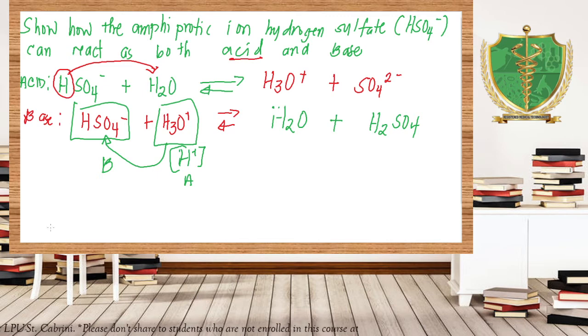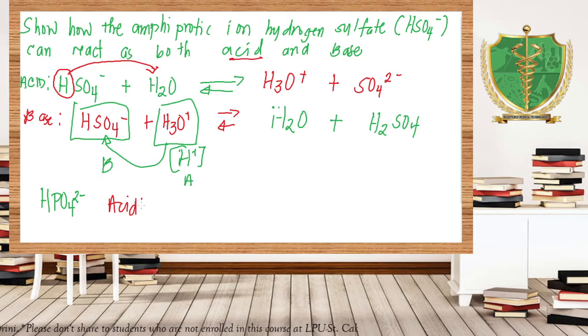Now, how about for this one? HPO4 2 negative. Let us show how hydrogen phosphate ion reacts as an acid or as a base. Okay, so acid muna tayo.